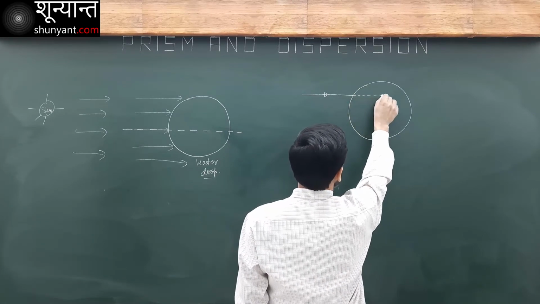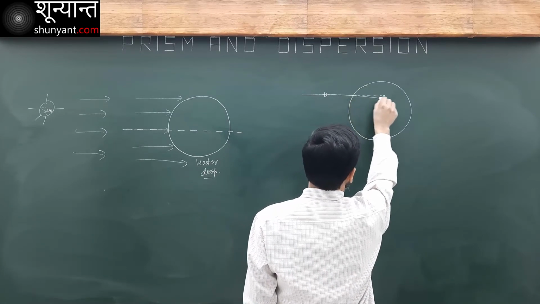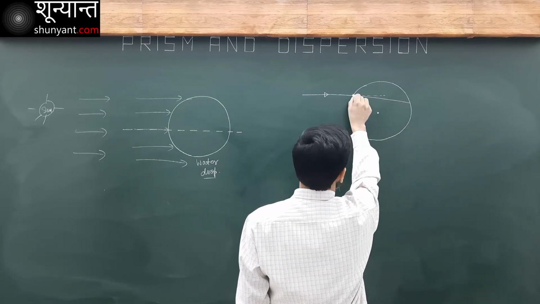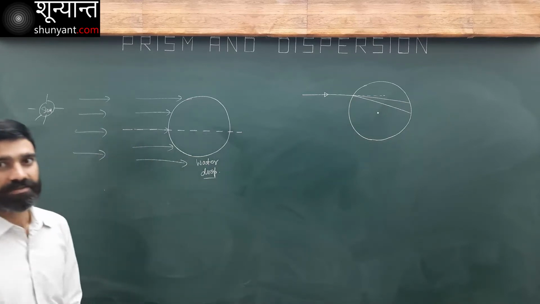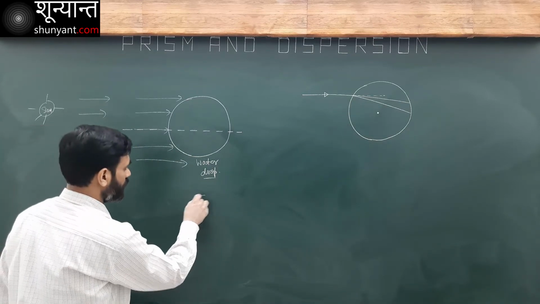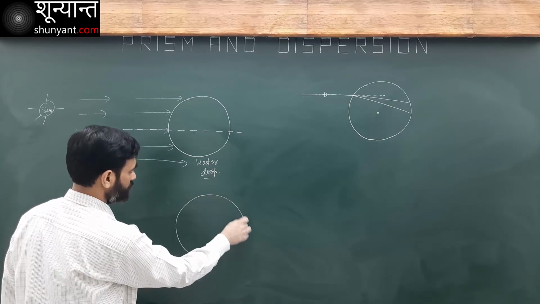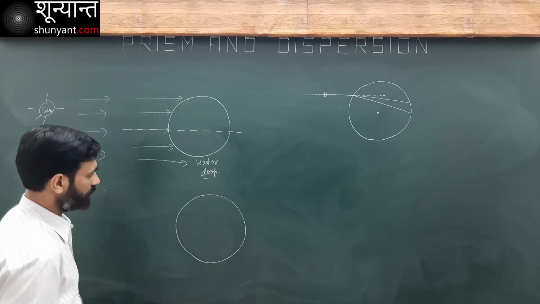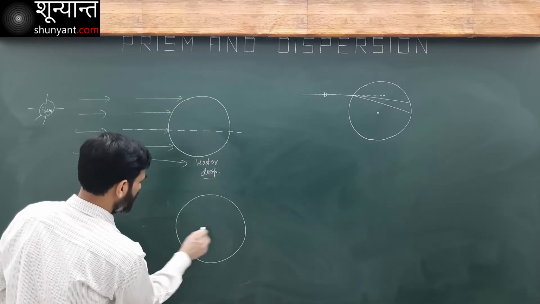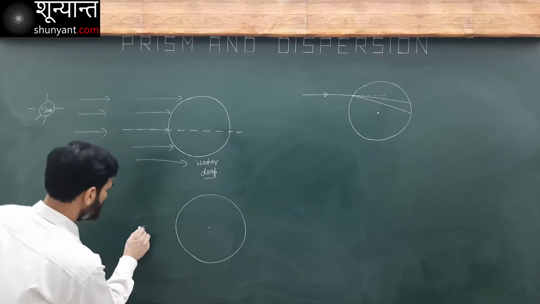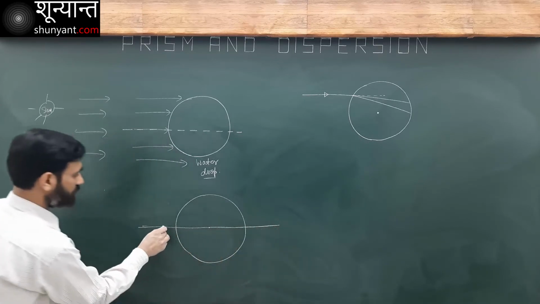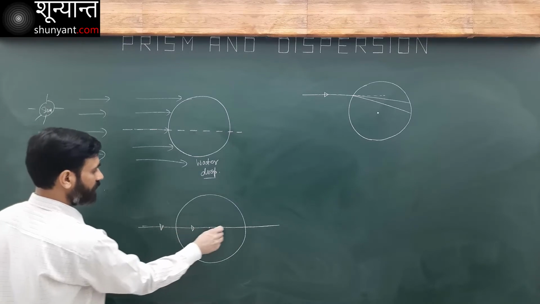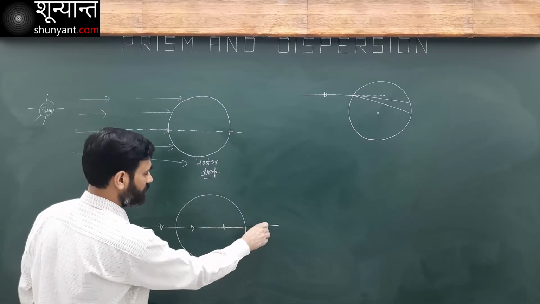It is going to break, split. There is dispersion. Do you see this? Now compare 2 light rays. One light ray which is hitting along this diameter goes undeviated, does not deviate.